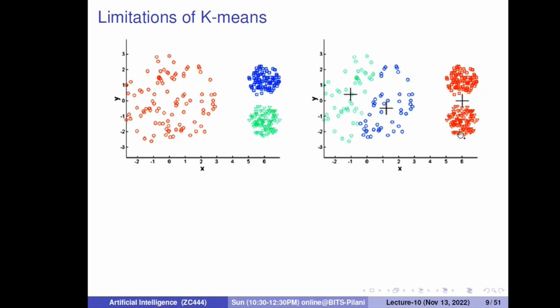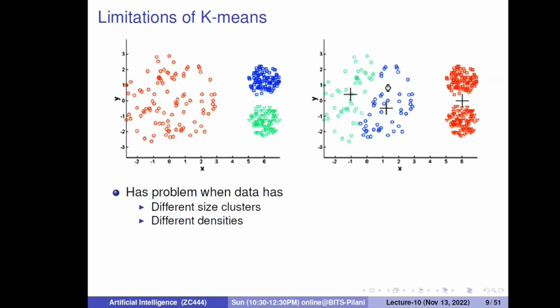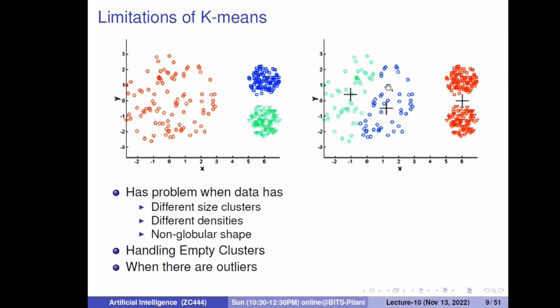So the clusters are going to come in this particular way. Is it the right way? The answer is no. Accidentally it may happen that you choose the initial points in such a way that the right kind of clustering is not achieved.